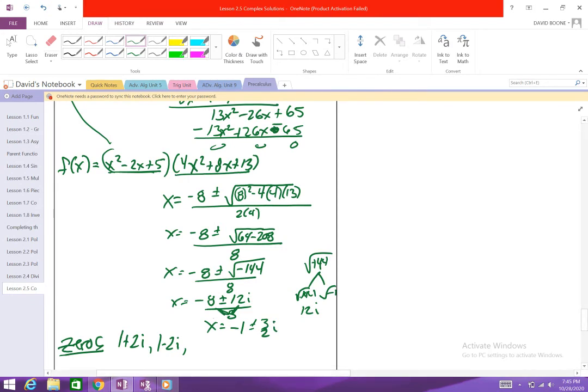And the 4 goes into both of those, so this would be 3 halves i. Those are our other two answers. So the roots are negative 1 plus 3 halves i and negative 1 minus 3 halves i. These are all 4 of the zeros.